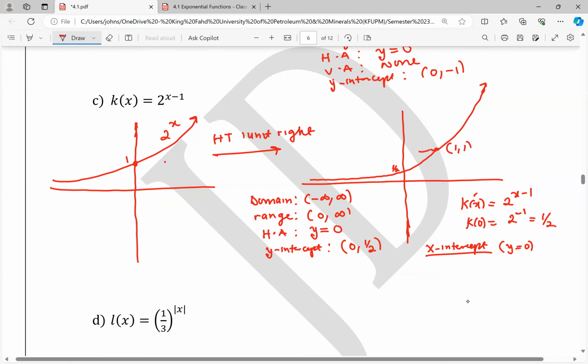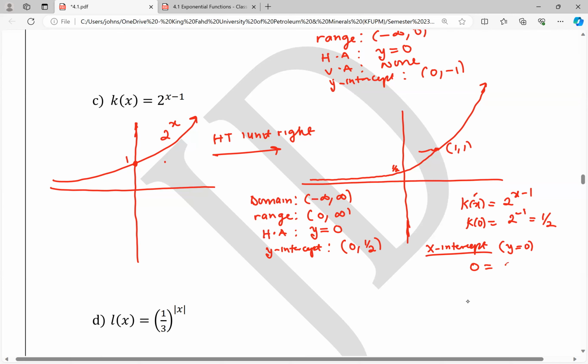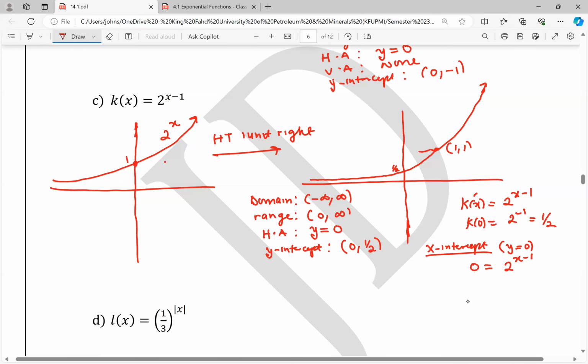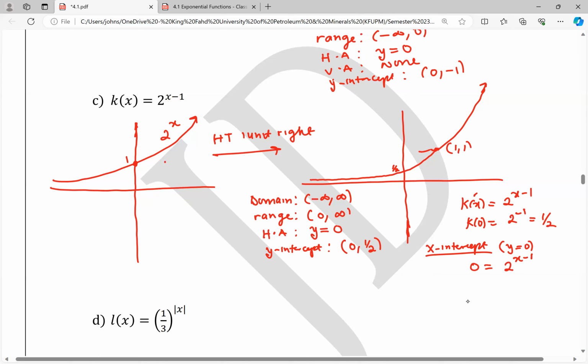So you put k equals 0, so you have 0 = 2^(x-1). Is there any x that satisfies that? There's no x that satisfies this condition, because if you want to take, for example, the logarithm of 0, it's undefined. So there is no x-intercept.